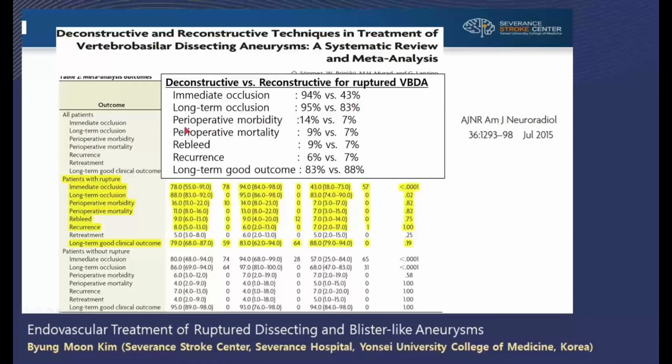However, perioperative morbidity is significantly lower in reconstructive treatment. Perioperative mortality, rebleeding, recurrence, and long-term good outcome rate show no remarkable difference. Also, long-term occlusion rate shows no remarkable difference.